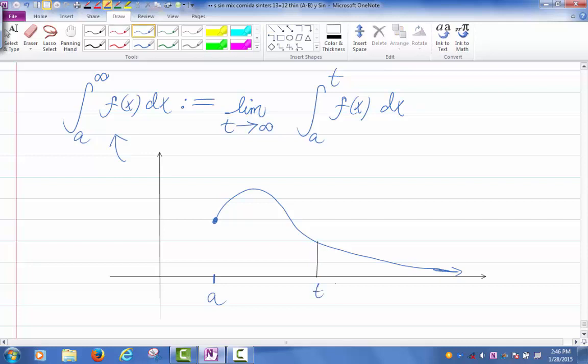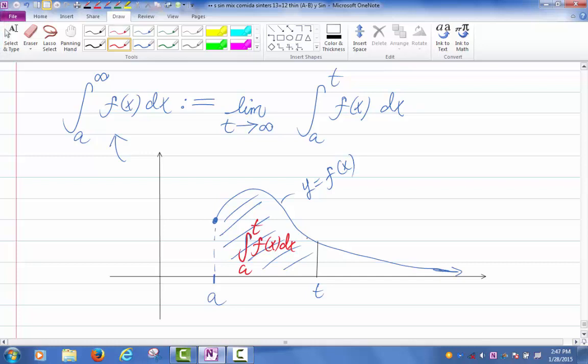If I take any t here, the integral from a to t tells you the area under the curve above the interval from a to t, right? This is exactly the integral from a to t of f of x dx, right?